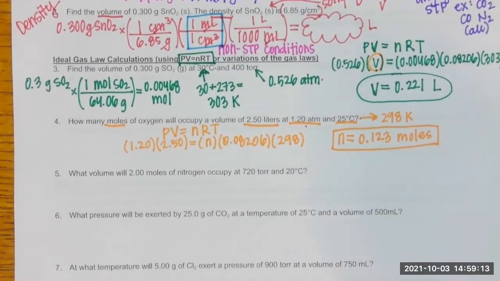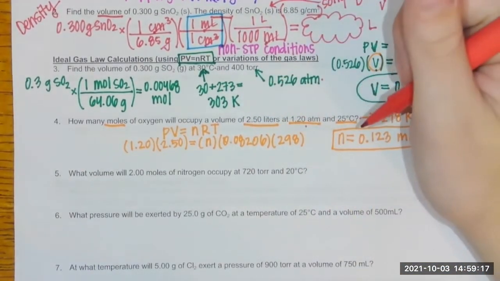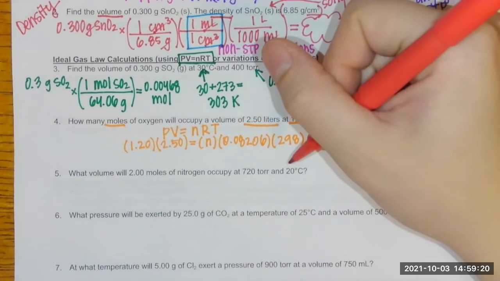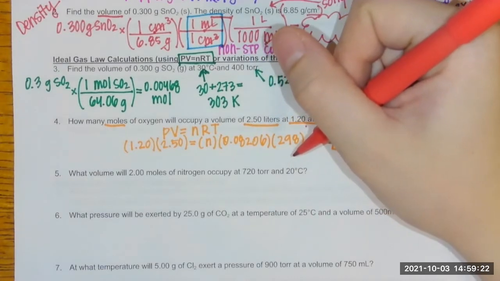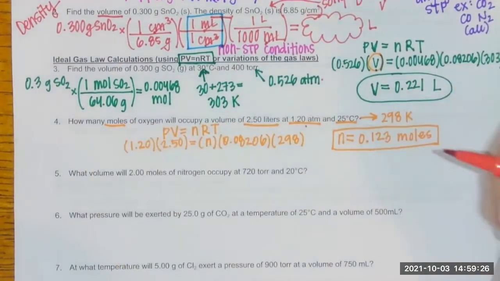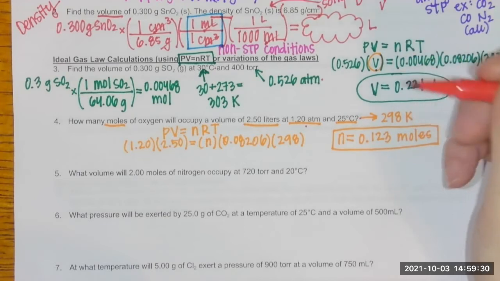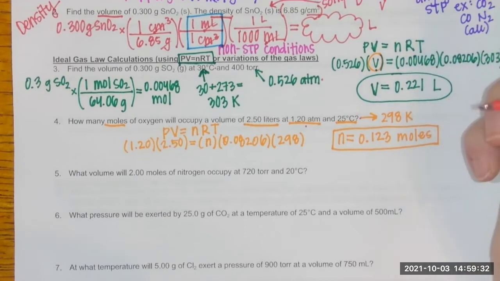Number 5, what volume will 2 moles of nitrogen occupy at 720 torr and 20 degrees Celsius? Okay, so PV equals nRT. I've got 720 torr.